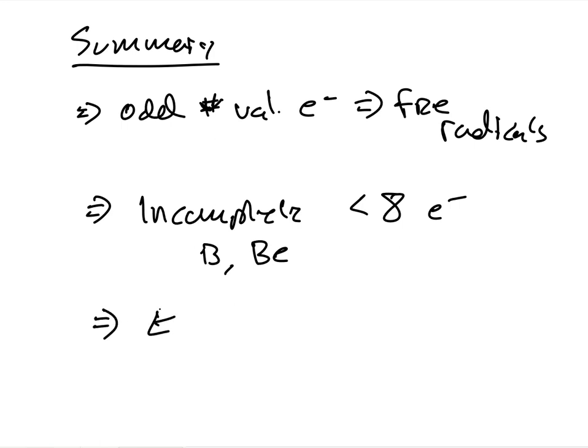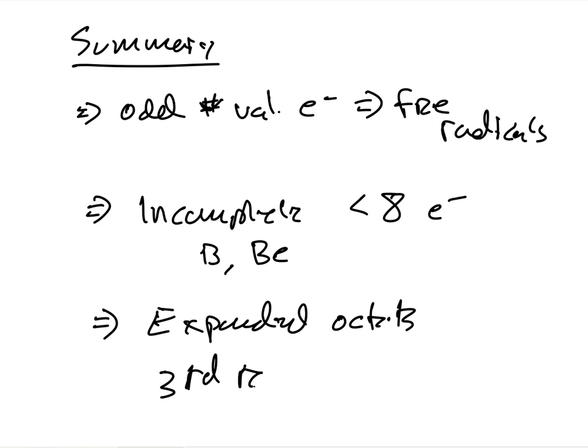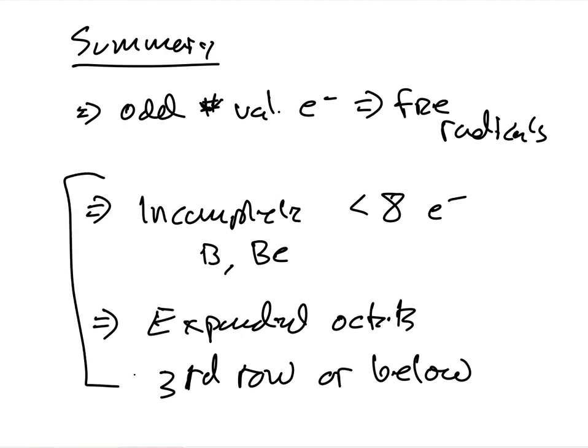And then finally we saw expanded octets, and we saw that in order to expand the octet, you must be third row or below. And in both cases, you form an incomplete or expanded octet in order to lower the formal charge.